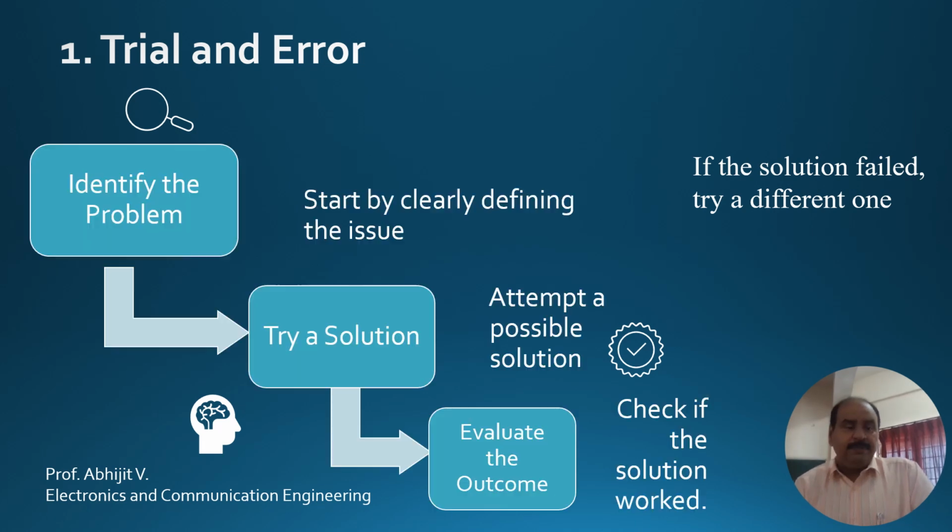So next, the steps involved in trial and error. First step, identify the problem. Start by clearly defining the issue. When you are answering multiple choice questions, sometimes you try your luck.